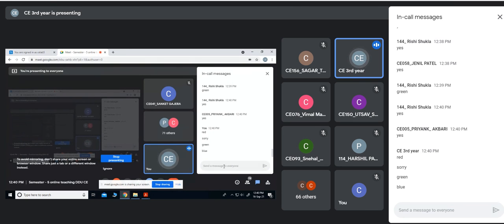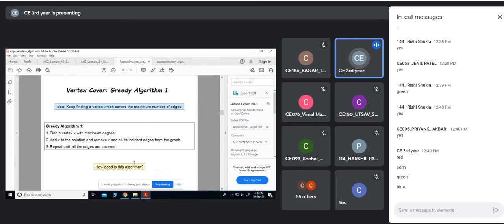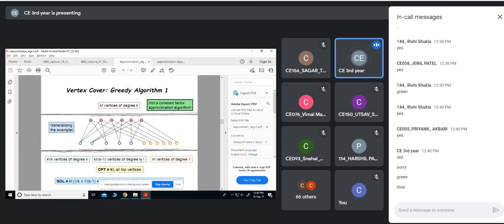In green, a total of 2 vertices, in blue, a total of 3, so 2 plus 3, 5. You still have to cover these many edges, and for that, all orange vertices should be selected, which are 6. So 2 plus 3 plus 6, it is 11 vertices you have to choose.